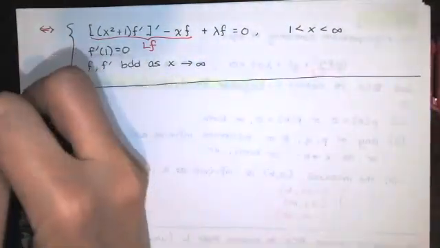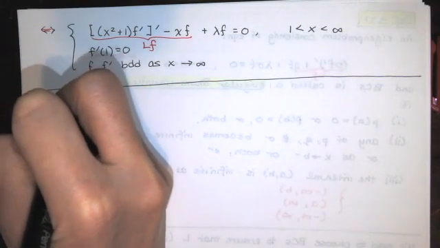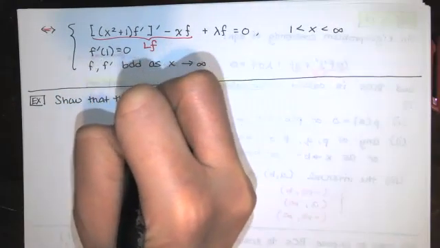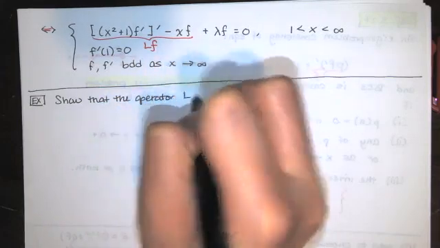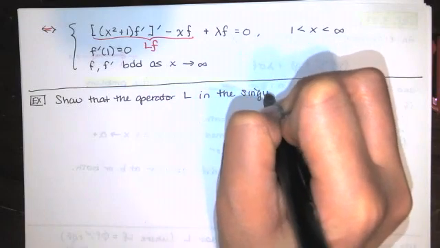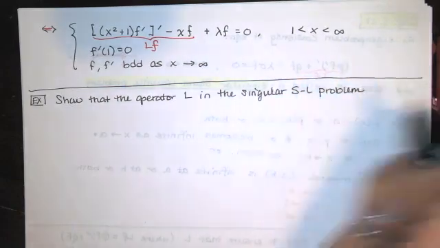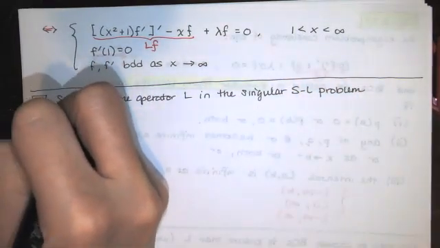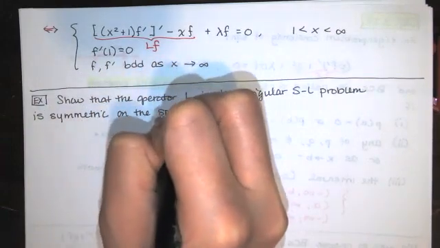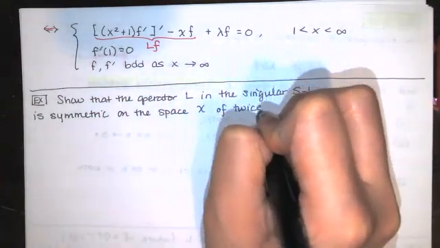Now someone might ask you to show that the operator L in the singular Sturm-Liouville problem above is symmetric on the space chi of twice differentiable functions.